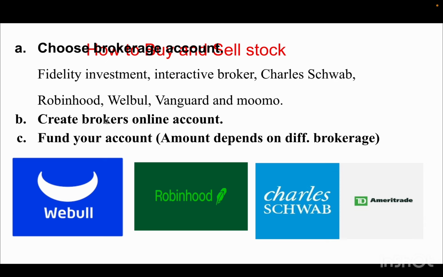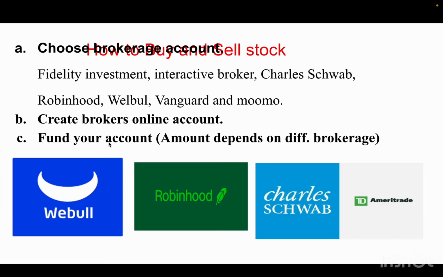And then once you decide which brokerage you want to use, you create your online brokerage account, which is mostly easy. You go to the company's website, you put your basic information in it, you create an account, you enter your password, and then you start to fund your account.